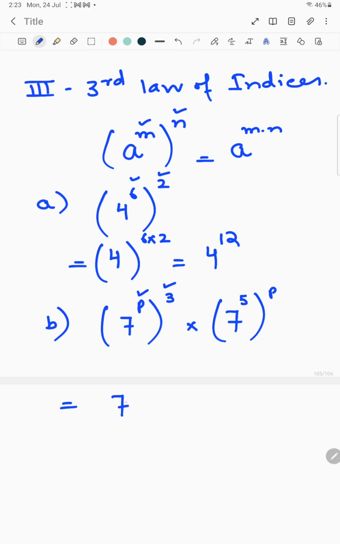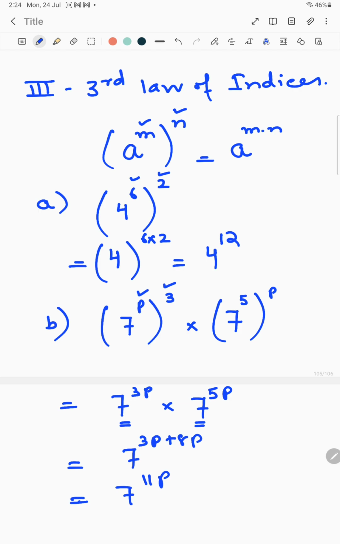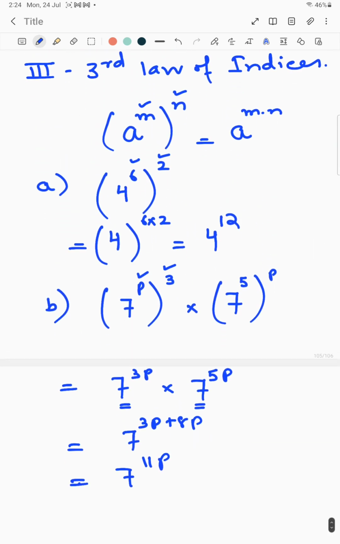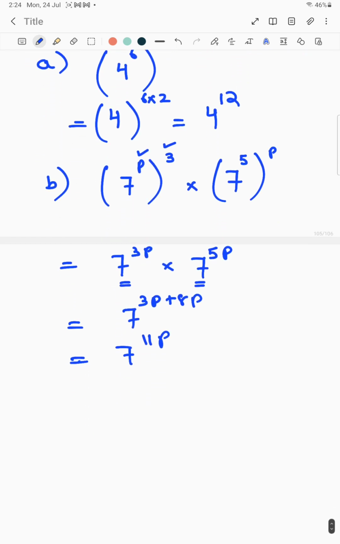So 7 raised to power 3p times 7 raised to power 5p. But now in this question the bases are the same. So 7 raised to power 3p plus 5p. The powers will be added. So 3p plus 5p will be 8p. So like this you can solve these questions with the help of the third law of indices.